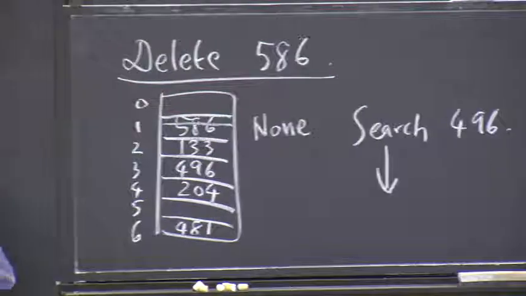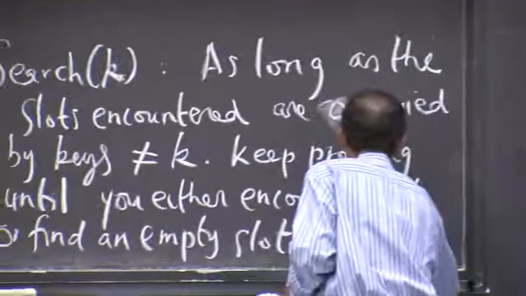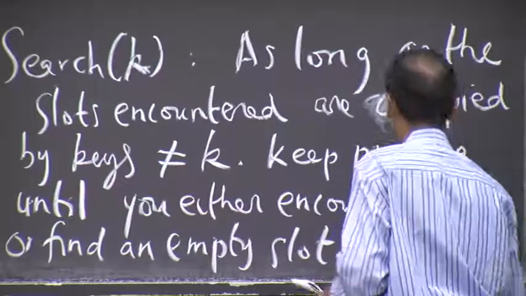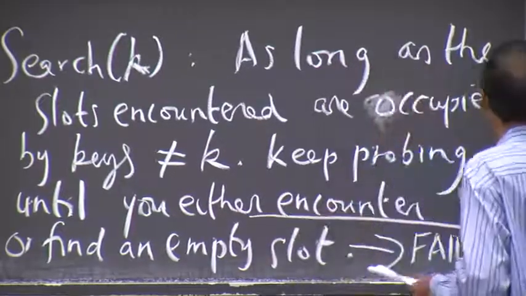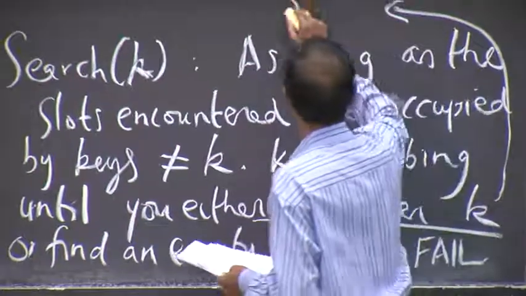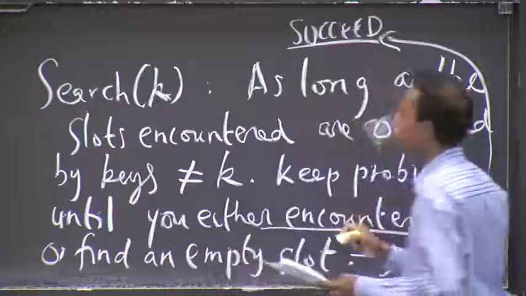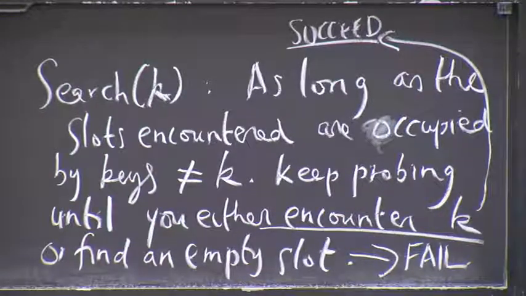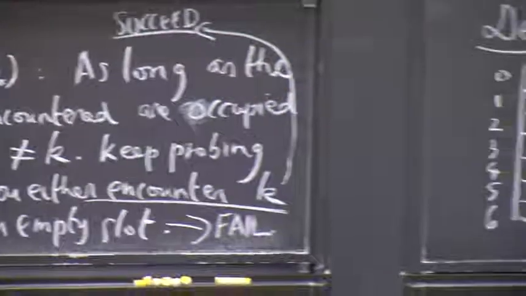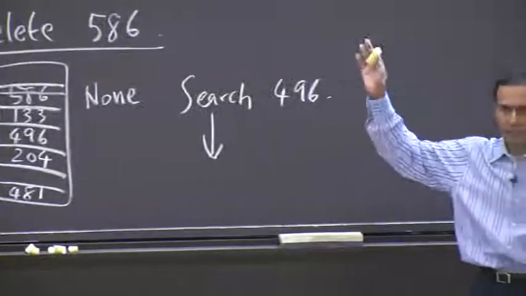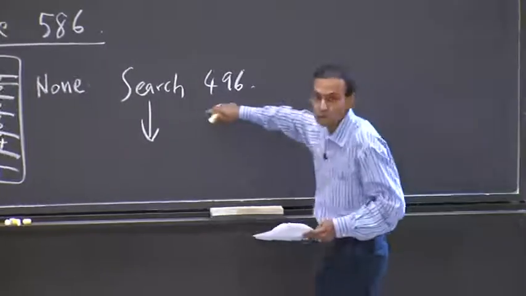And when I find an empty slot, I'm going to say I failed in the search. If you encounter K, you succeed and return the key value pair. Success means you return the value. And if you encounter an empty slot, it means that you've decided that this key is not in the table, and you say, couldn't find it, right? That makes sense? So this is obviously wrong, right?